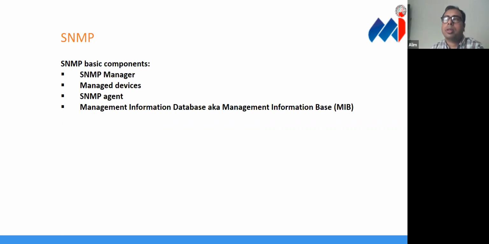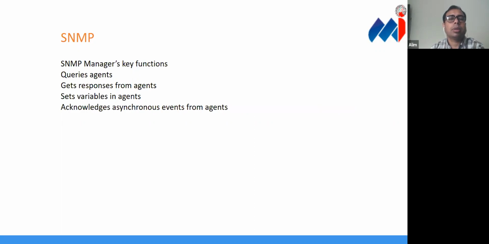Managed device means your router, switch, Wi-Fi devices. You can manage their configuration, and you can manage or monitor their problems from a central device. The management information base includes all the information in the device.